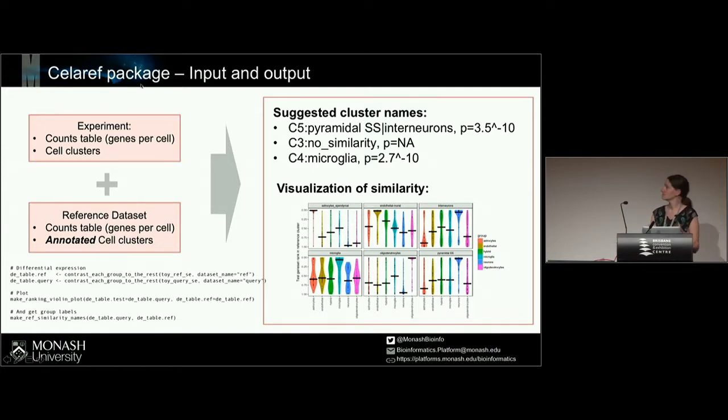And from there, with a tiny bit of code for example's sake, you get out suggested cluster names, whether there's no similarity or one or two matches or more, and a p-value, which is some sort of measure of the confidence in that assignment, and a visualization, which I'll go through and explain, for looking at those corner cases where you're not sure what's going on.